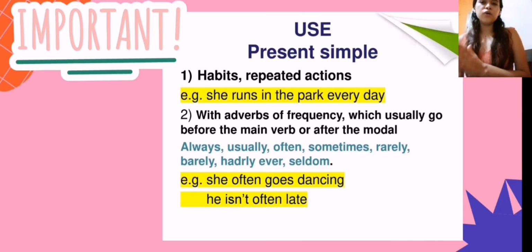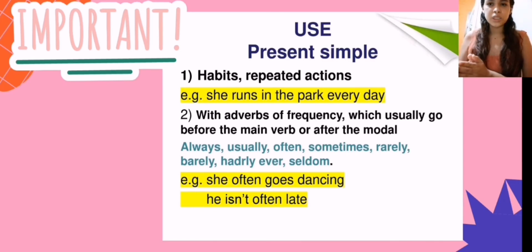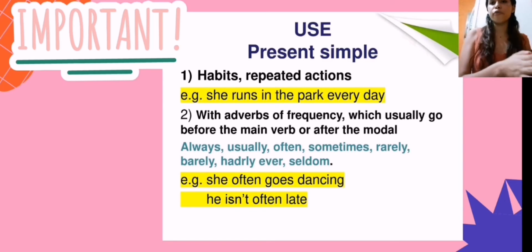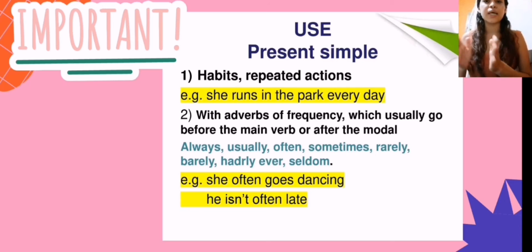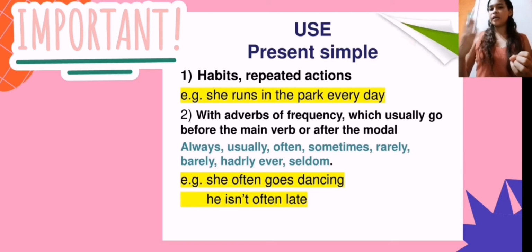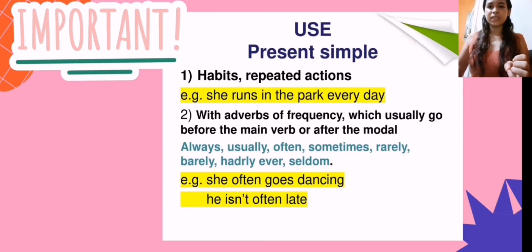Okay, we have the use again. This is very important. With the adverb of frequency, which usually goes before the main verb or after the modal. Remember that it is very important. In this case, the adverbs of frequency, as I said before, always, usually, often, sometimes, rarely, barely, hardly, ever, seldom, and others. Okay.